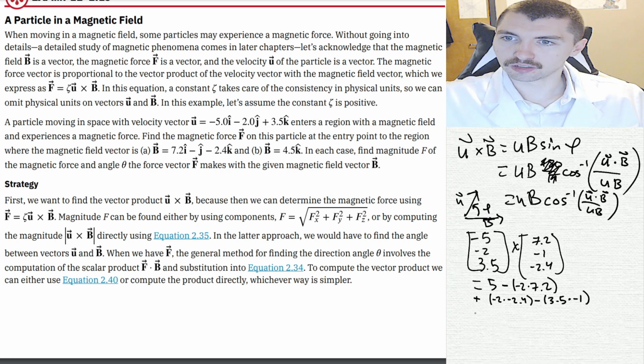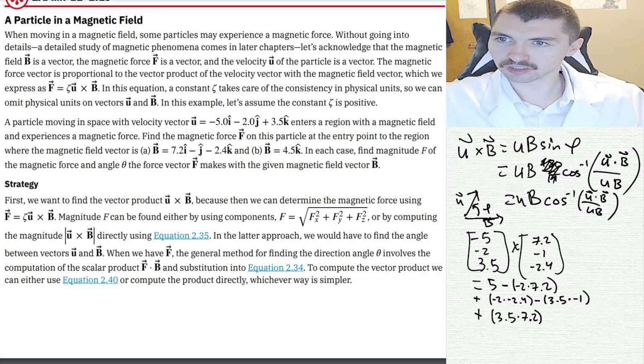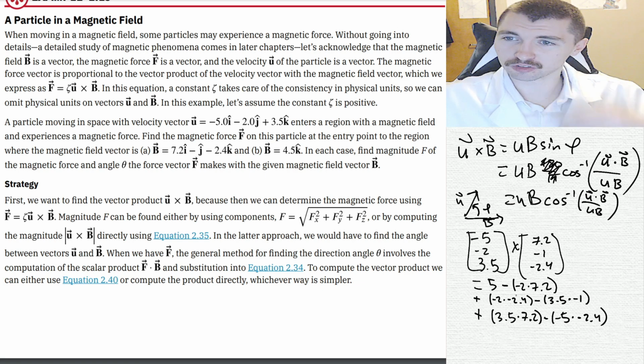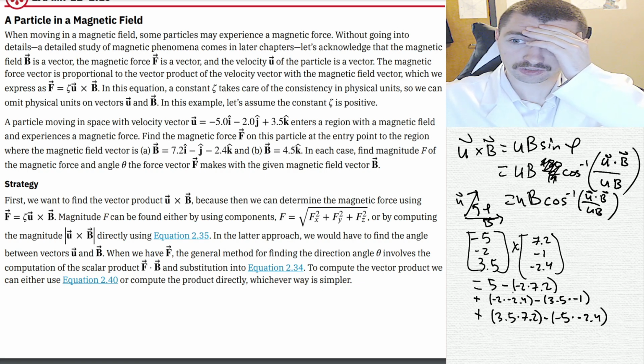And then plus 3.5 times 7.2, minus -5 times 2.4. So the cross product could also be described as that.